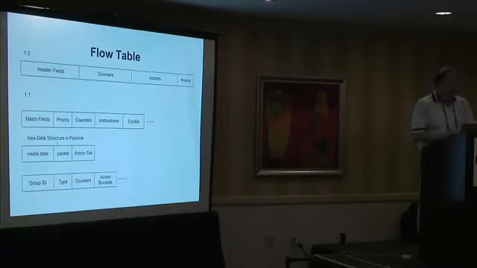In 1.1, a new table was introduced called the group table. You can have an instruction in the regular flow table entry that says process this using a group table entry. So for example, if you had a lot of packets going to a common next hop, they might need common encapsulation and a common forwarding.